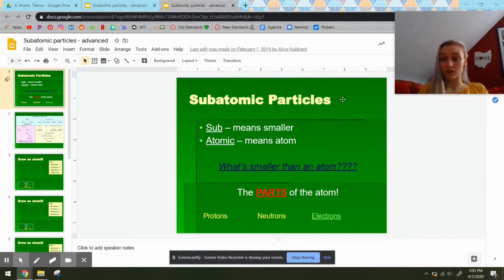This is the part where we're going to talk about subatomic particles in detail. So the first thing you need to know about subatomic particles, the word subatomic, I say very fast, but I do want you to know what exactly it means. So sub means smaller than or within, and atomic obviously means atom. So if you put it together, it means smaller than atom. So you ask, what's smaller than an atom? So the parts within the atom that we just finished talking about.